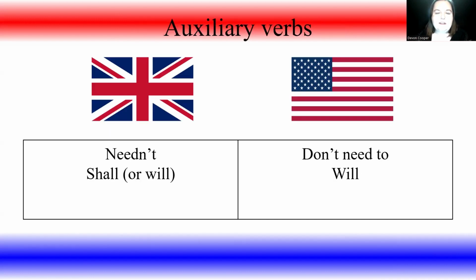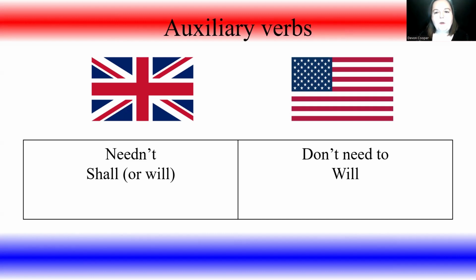Another difference we can talk about is in auxiliary verbs. So this is, from what I've read, changing a bit with the British English at least. Needn't and shall are still in use, but it seems that they're being used less. So in British English, someone might say, "Oh, you needn't do that," of course, the American version, you don't need to do that.